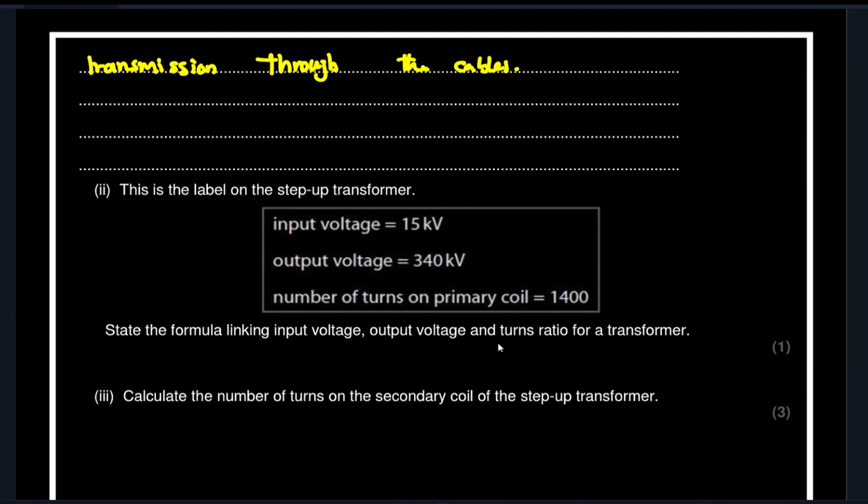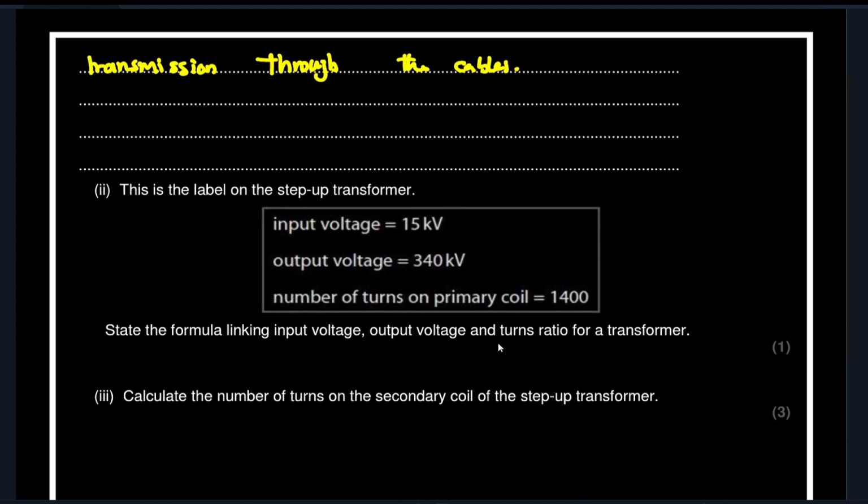When you want to differentiate between a step-up transformer and a step-down transformer, you need to look at the number of turns in the primary coil and the number of turns in the secondary coil. So a step-up transformer has more turns in the secondary coil than in the primary coil, so that more voltage is going to be produced.